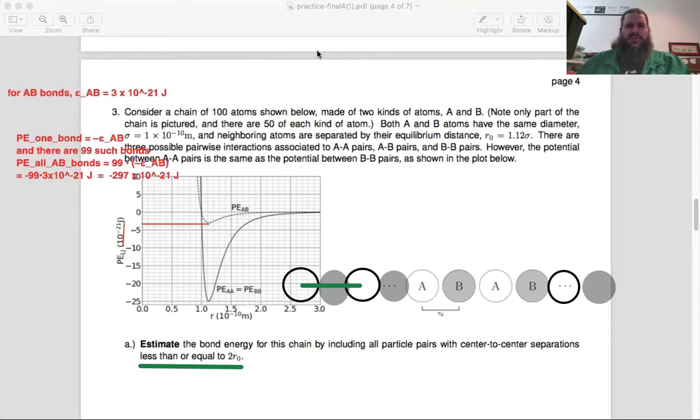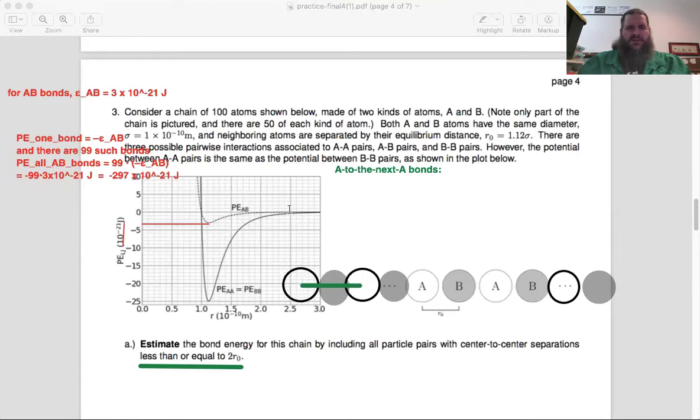So if we look at just the A to the next A bonds, how would we figure out the energy of one of those bonds? Can we still use our graph here? Yeah.